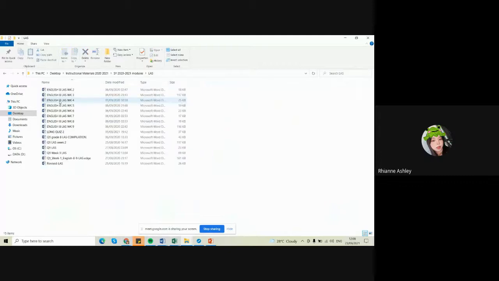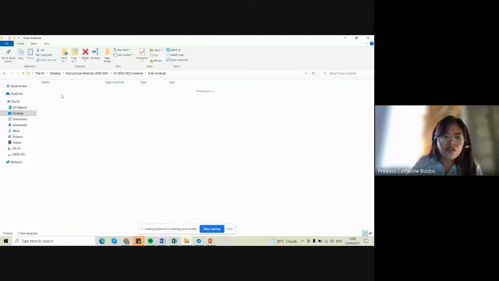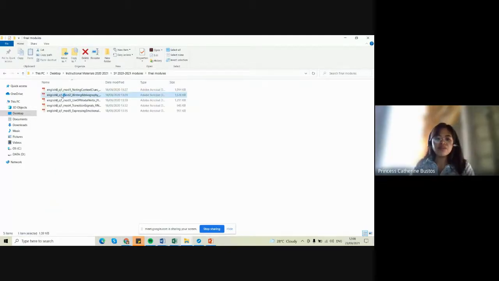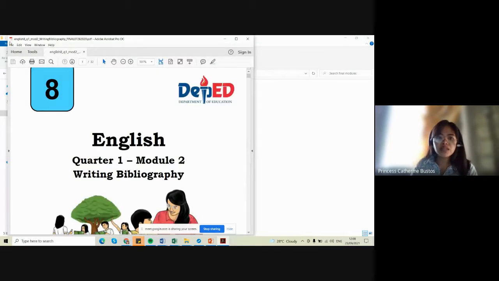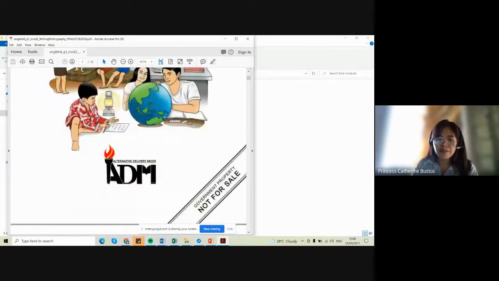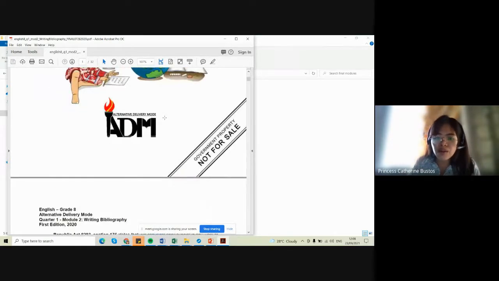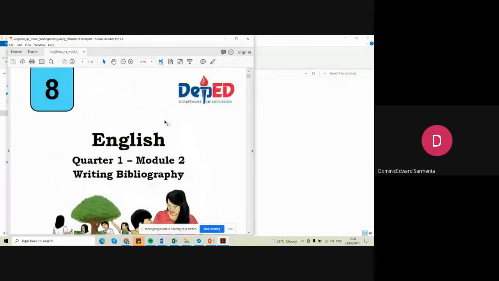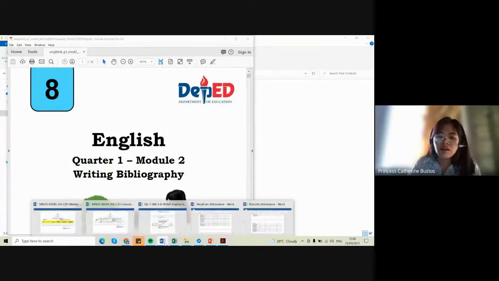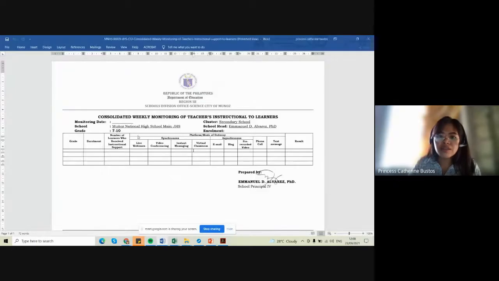Learning activity. Okay, here we have full modules. Writing bibliography. We will open this and you can see here at the top, Adobe Acrobat Pro DC. And this is in PDF format. This is an ebook. Do you follow? Yes, I follow. Okay. Now, what if I use Microsoft Word? What is the format?